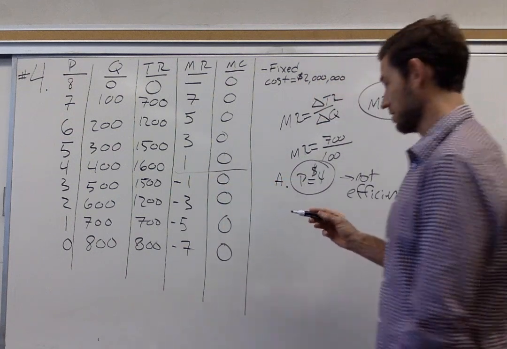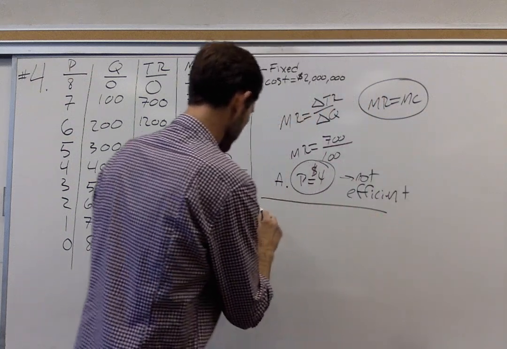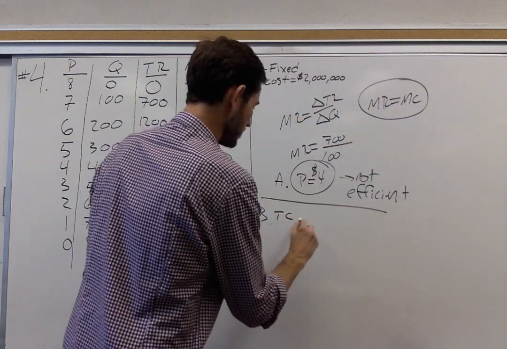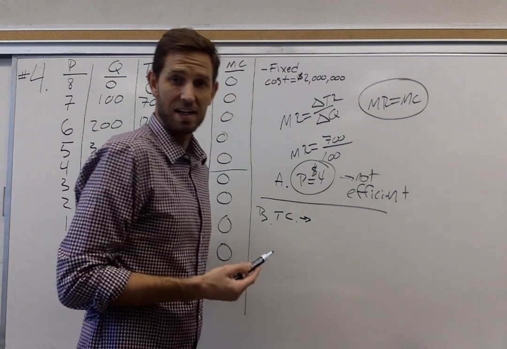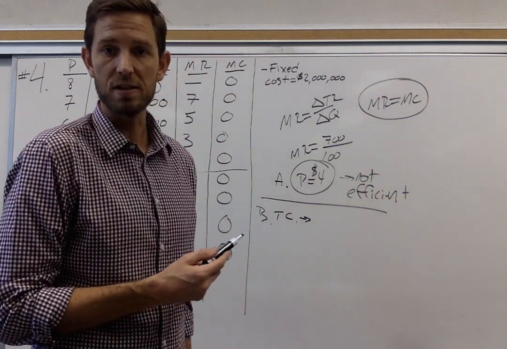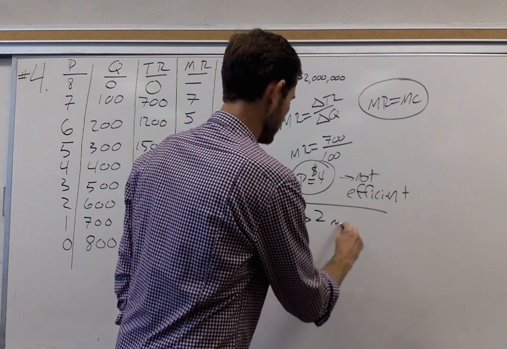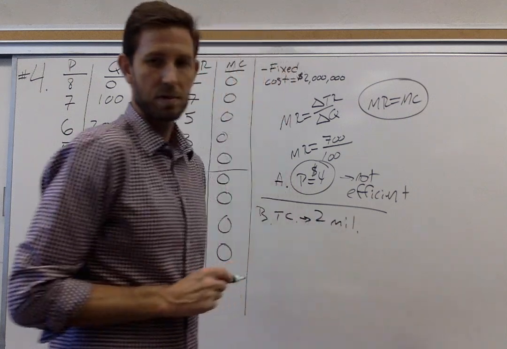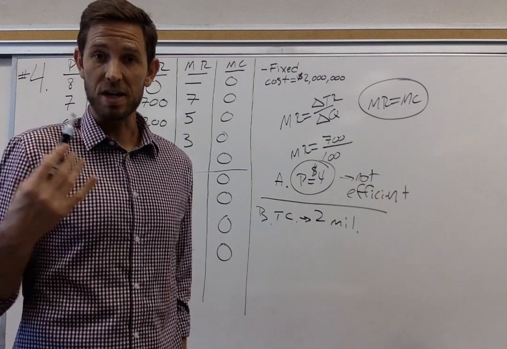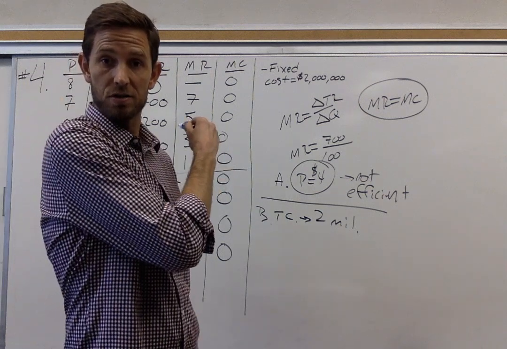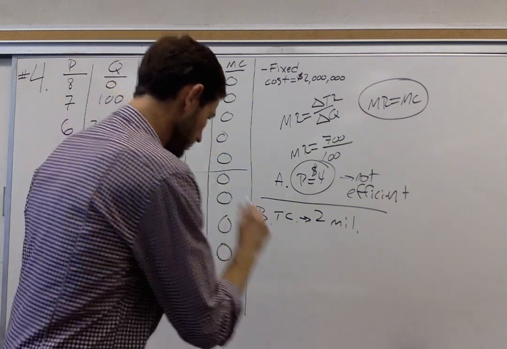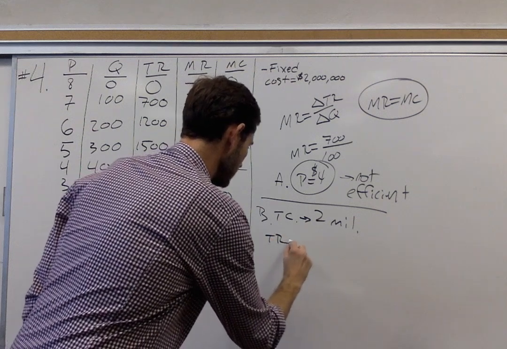The total cost that this company would experience should they decide to build this bridge, well, that was given to us in the problem setup. That was $2 million. How about revenue? How much money are they going to get if they're charging $4 per crossing? Let's figure that out.